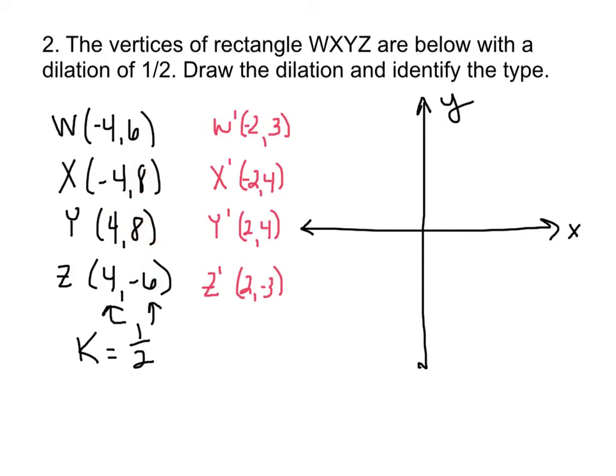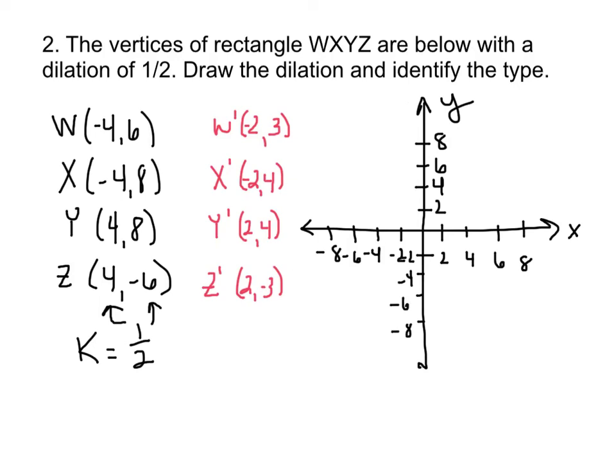So that tells you I have to go up to at least 8. So I'm going to count by twos. 2, 4, 6, 8, -2, -4, -6, -8 on both axes.